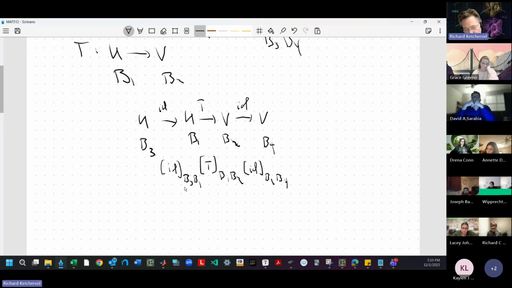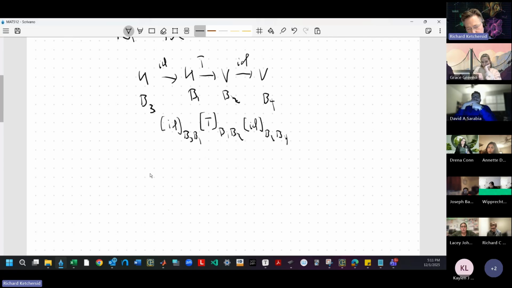Because what happens when I put these together? What does our theorem say about how the matrices work together with the basis? So here's the general theorem. If I have u going to v going to w, and I've got bases, let's say b, c, and d, these are bases for these various spaces.